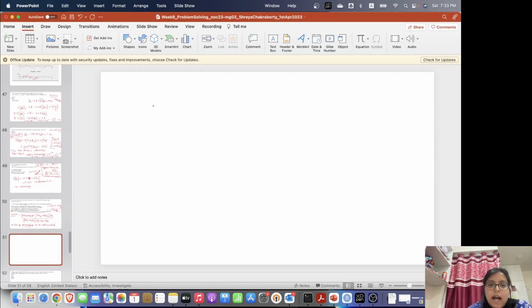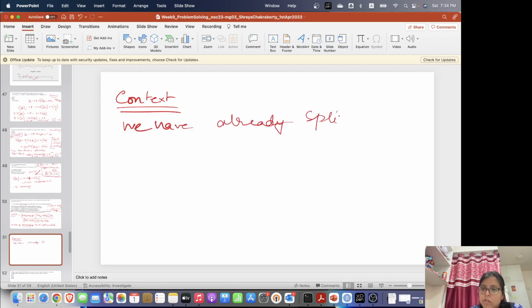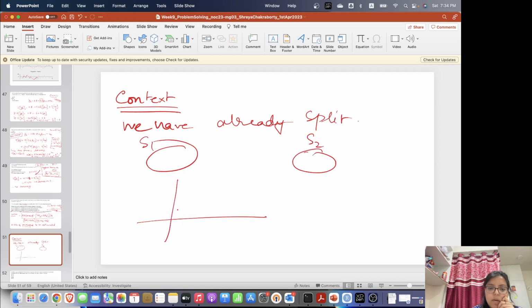So the unrestricted sum of squares, here we should remember the context. So we have already split it into two samples, let's say S1 and S2. So we have this regression where we have this one and we have this one. Now this is under no restrictions.